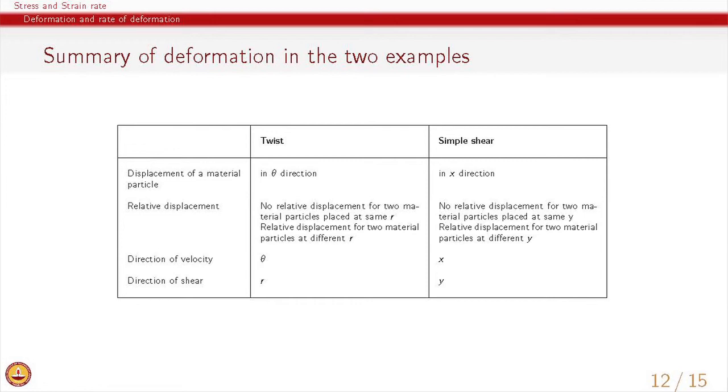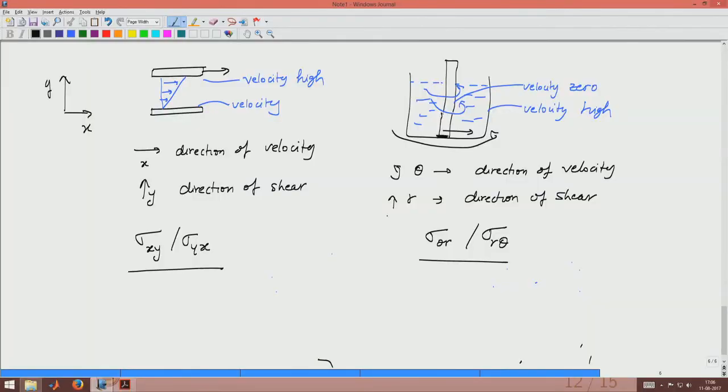So, for example, if I take 2 points which are a little bit away from each other, but they are at the same r, points at same r have same velocity. So, therefore, no relative displacement.